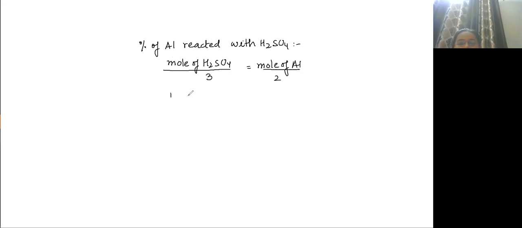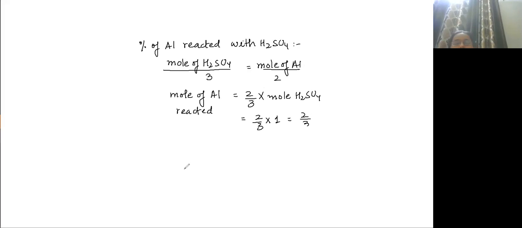So what is moles of Al reacted? That is 2 by 3 into moles of H2SO4. So 2 by 3 into 1. So moles of Al reacted is 2 by 3.